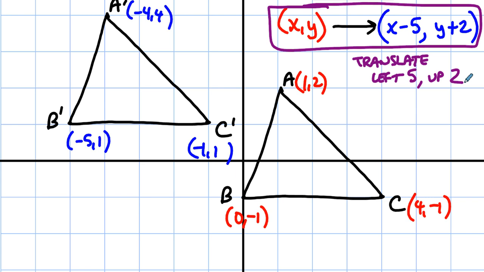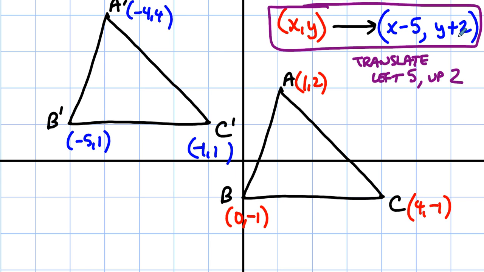Okay, so just to be clear, translations always take x and y coordinates and add or subtract. Why? Because adding or subtracting to the x's moves the triangle left or right.